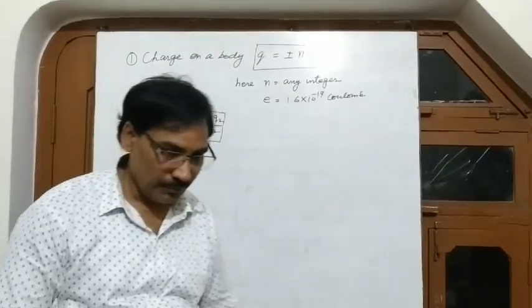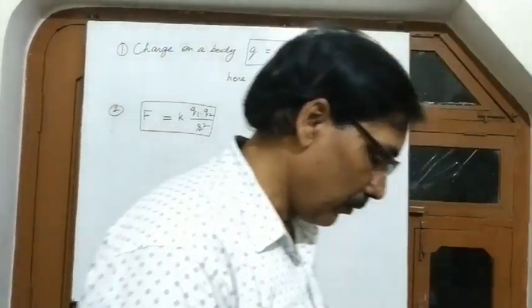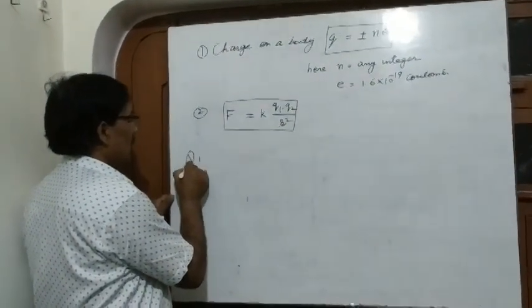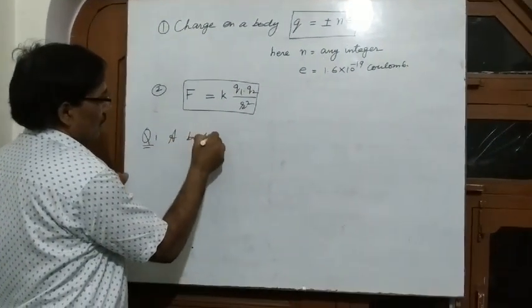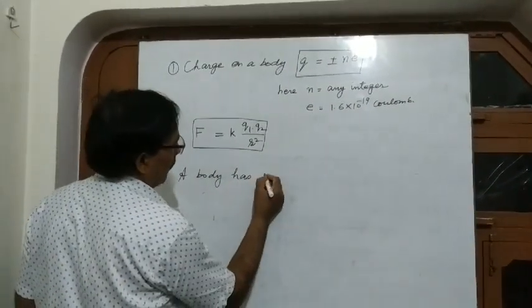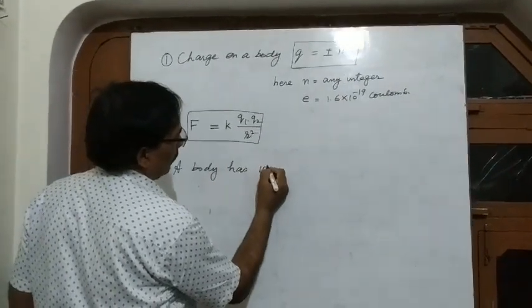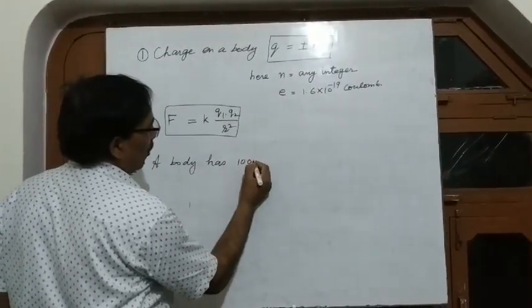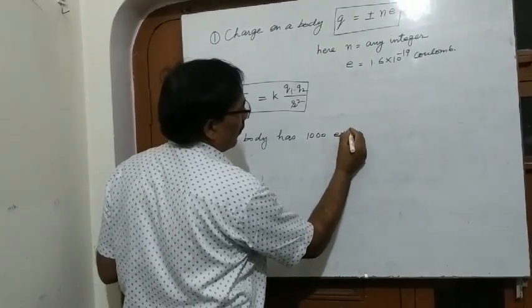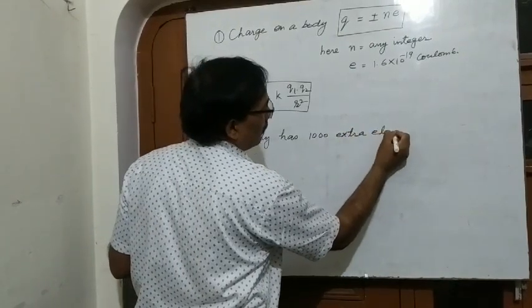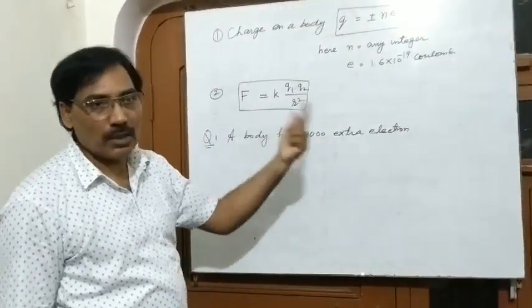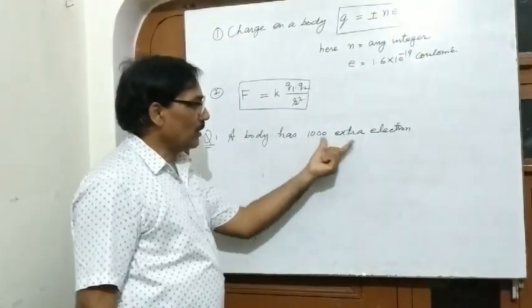Now write the question. Suppose a body has 1000 extra electrons. That is, the body has gained 1000 electrons from somewhere.